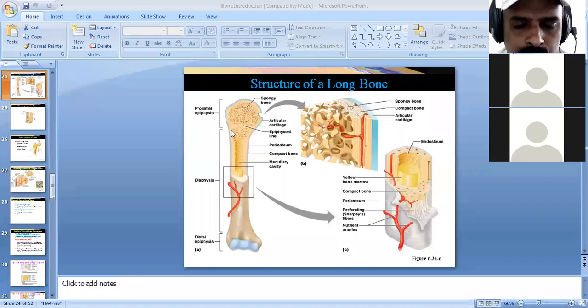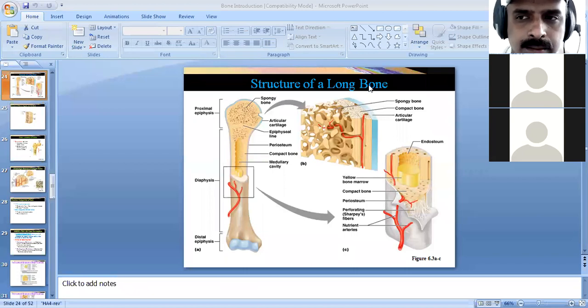After completion of the gross structure of the long bone, you have to write the outermost covering, the periosteum, then compact bone, then the medullary cavity. In that we also come across the cancellous bone, the spongy and compact bone in the gross structure of bone.